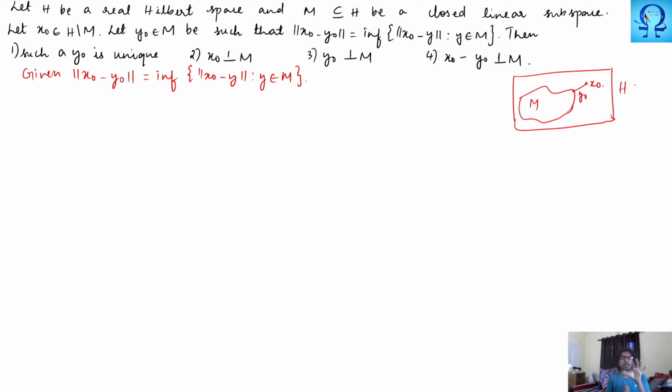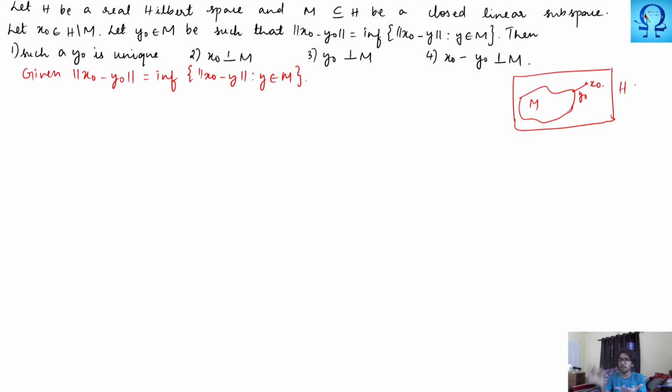Therefore, x0 is a fixed value, right? So this y0 and y are the things that we are discussing from M, and since M is given to be a closed linear subspace, this y0 is also a member of M. Fine. For this y0, that is the infimum.